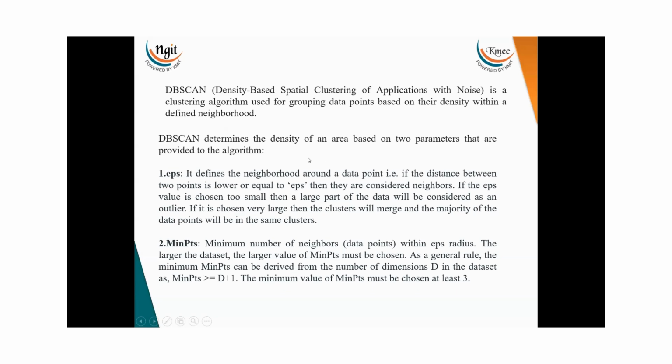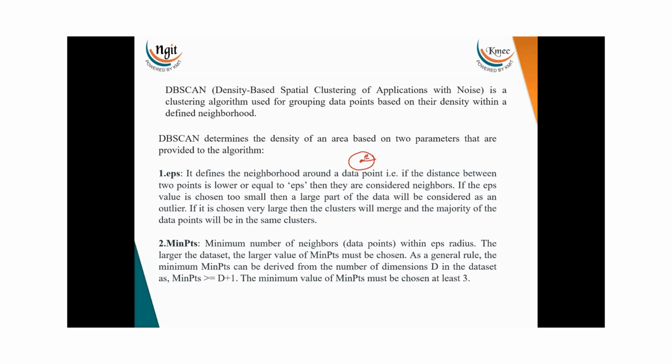Now it uses majorly two parameters: one is called epsilon and the other is called minimum points. Epsilon defines the neighborhood of the data point. Basically, let us consider this is a point, and the neighborhood of this data point can be known by this epsilon.